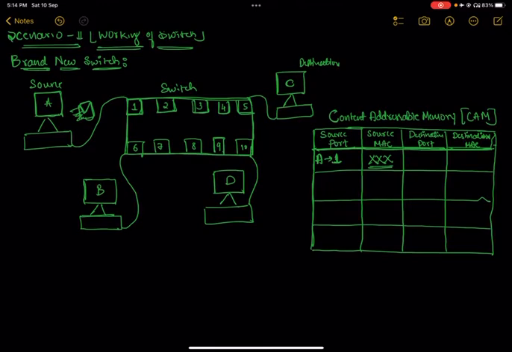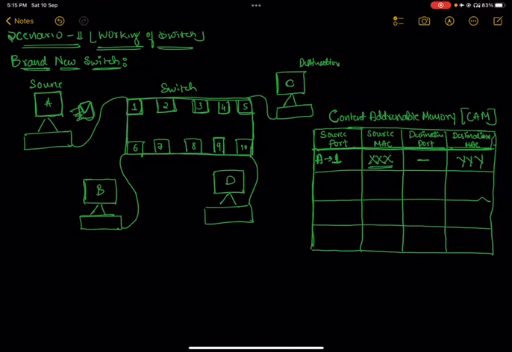So even my source machine and my switch don't know to which port our destination is connected. So this column would be empty, and then it checks for the next information, destination MAC. Of course it is present in the frame, so let's assume that as YYY. This is all we have when the packet arrives from source to switch.